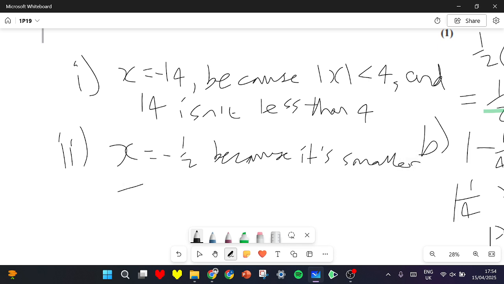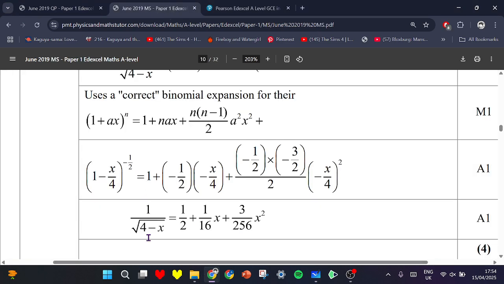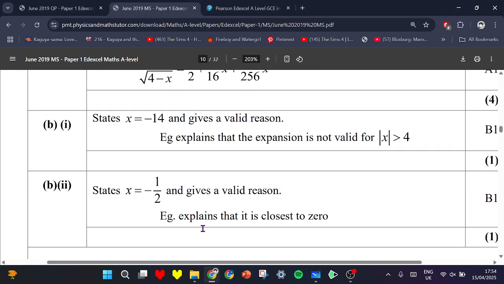Closest to 0, smallest, same thing, but I guess put closest to 0. And then this bit, the expansion is not valid for x more than 4.